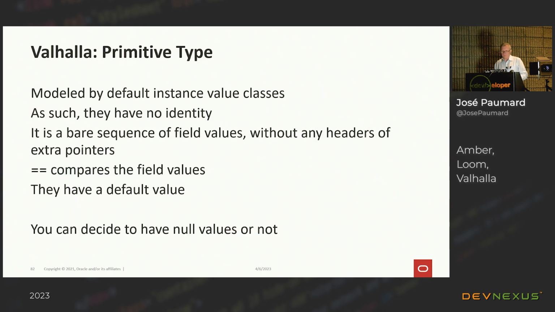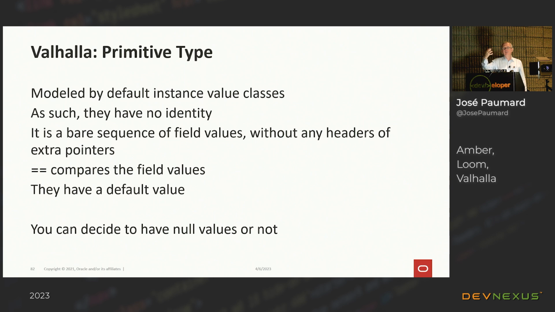All right, so to wrap it up, because we're almost out of time, the user primitive types are handled as primitive types. You can see that as a sequence of values laid out nicely in memory with no object header, so you're saving on memory, you're saving on performance, you're saving on everything.